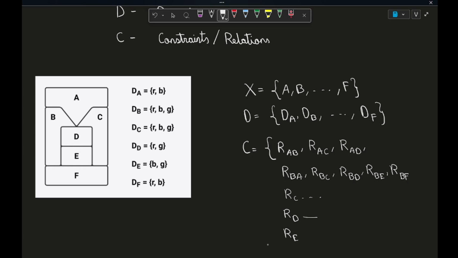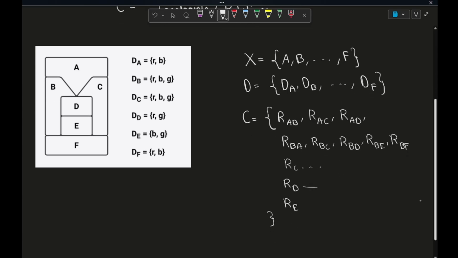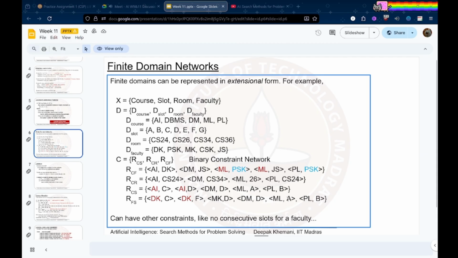Okay, and we just write something like that. There would be a lot of such, and these would be again binary constraints, right? Because we are just talking about two regions at any given moment. Or F would have something like that, and each tuple would look something like, okay, no, let's leave that.